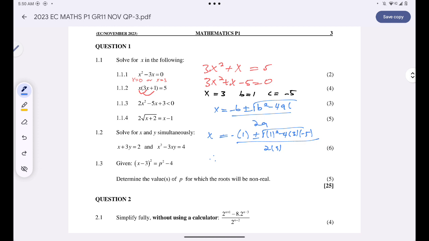So this will give me x is equal to 1.35... I can simply round off this thing to 2 decimal places.